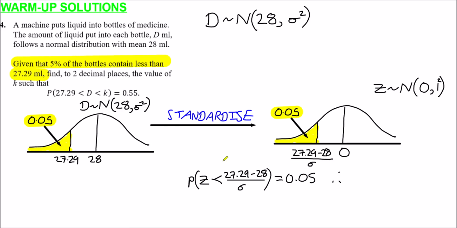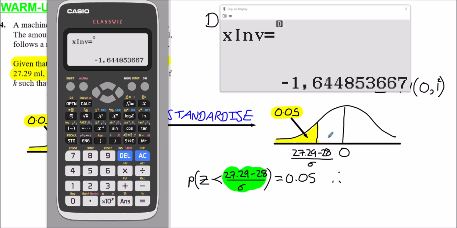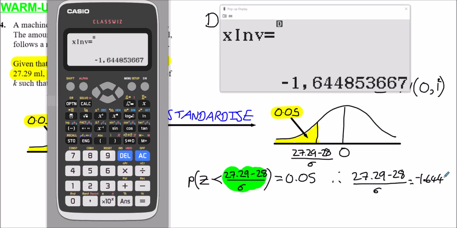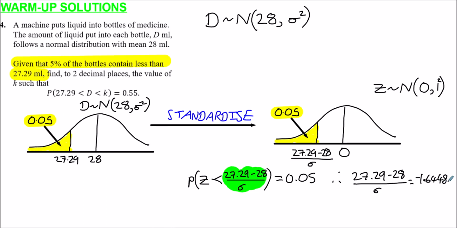So therefore, this here must be minus 1.644-ish. I'll just leave it here with a few dots on to denote that this isn't exact, nor do I want to round it.